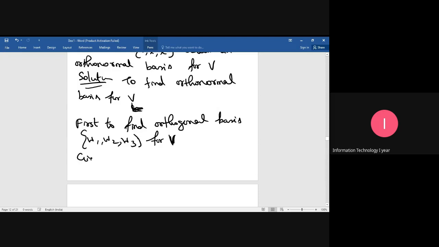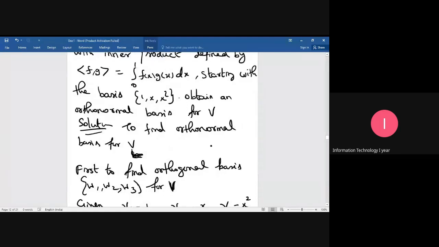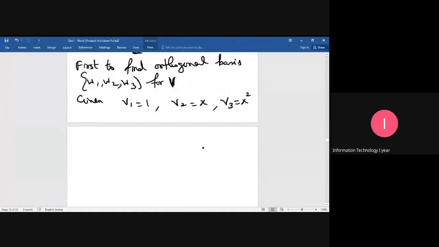So what is given? The basis v1 is equal to 1, v2 is equal to x, v3 is equal to x square. These are the values given: v1, v2 and v3. Then it is given that inner product of f comma g is integral 0 to 1, right?